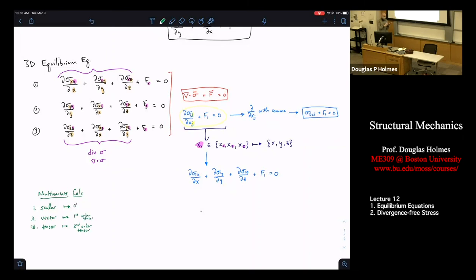And a scalar is a zeroth order tensor. There are third and fourth order tensors, so you could keep going as long as you would like. But the important part is just seeing this sequence here: zeroth to first to second. And here's where the multivariate stuff comes in.